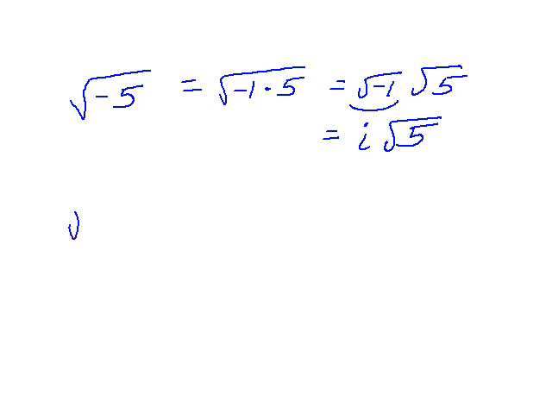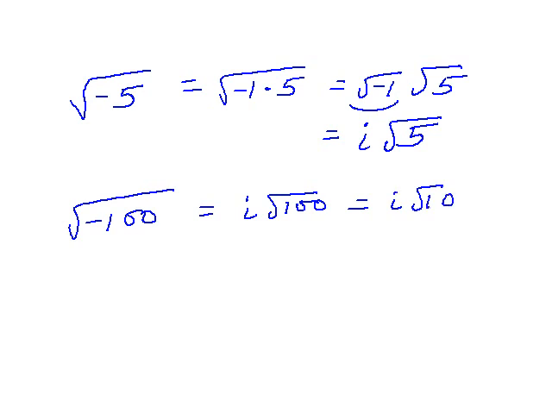And that will hold for all negative numbers. The square root of negative 100, that's i times the square root of 100. You can go ahead and work out the math here, and that becomes i times 10. You never leave a number in this form with that negative sign inside of there.